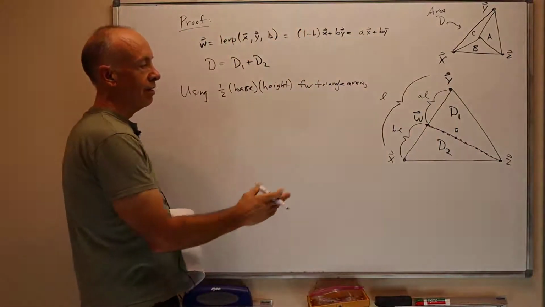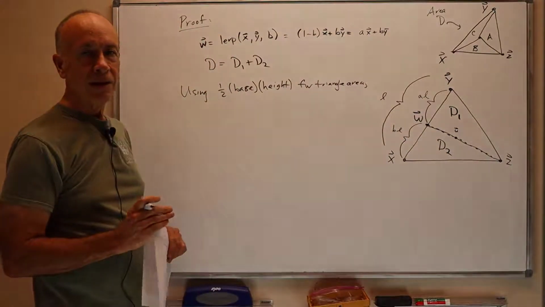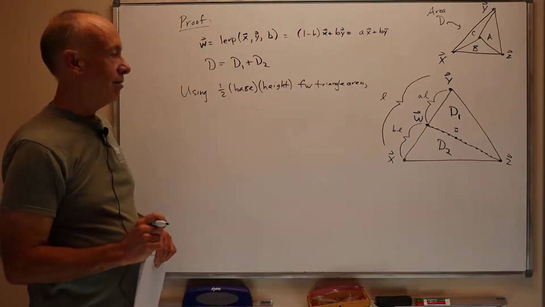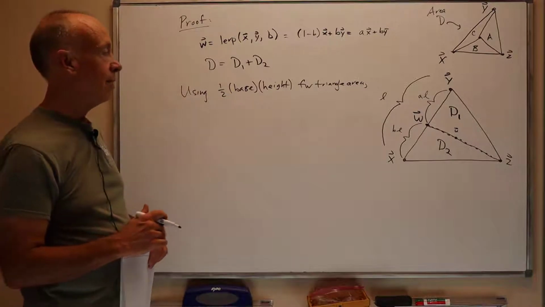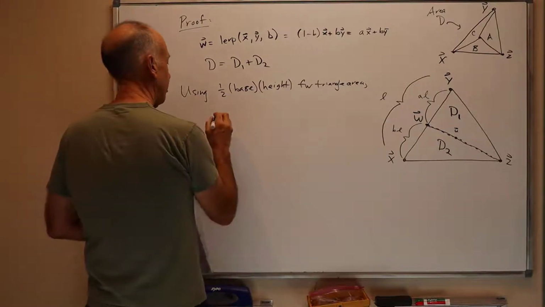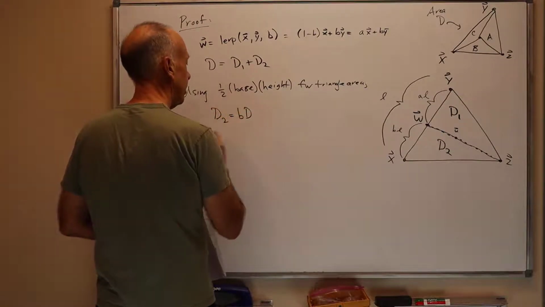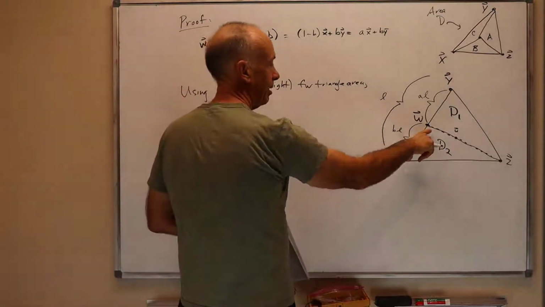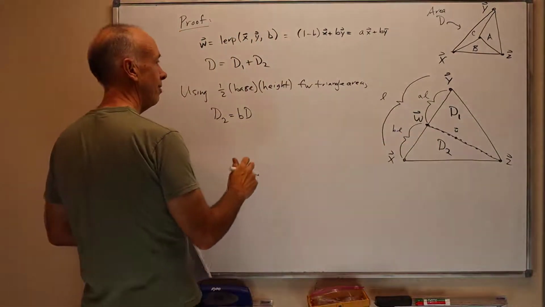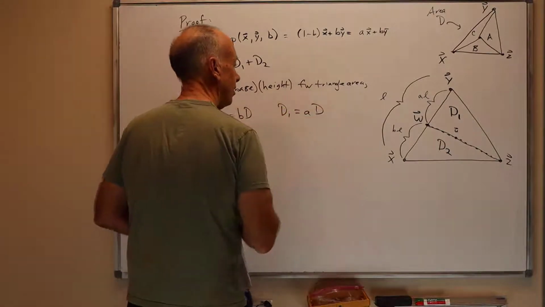All three triangles have the same height from the base because their apex vertex is Z, and their bases all lie on a common line. So therefore, this gives us that D2 is B times D, because D2 has the same height as D, and the length of the base is only B times the length of D's base. Likewise, D1 is A times D.